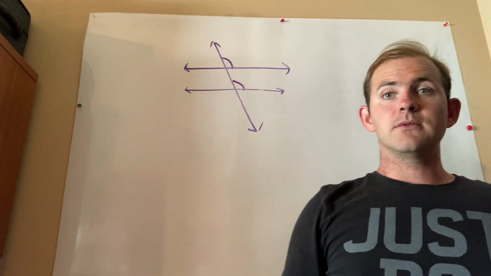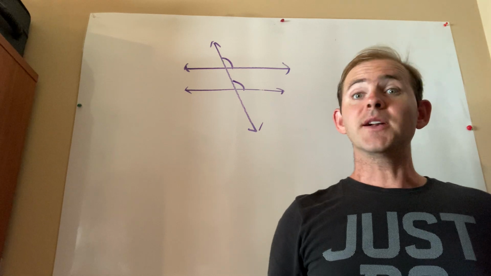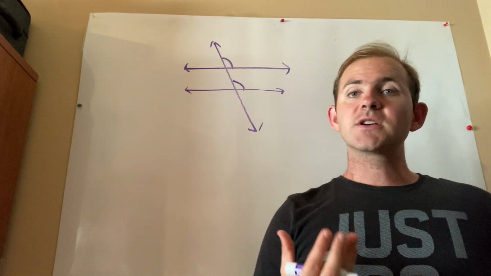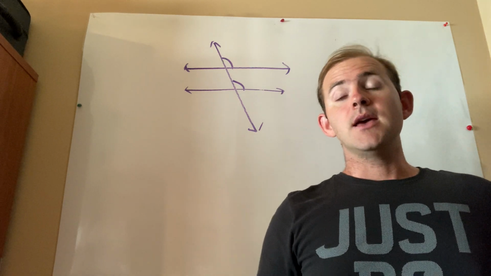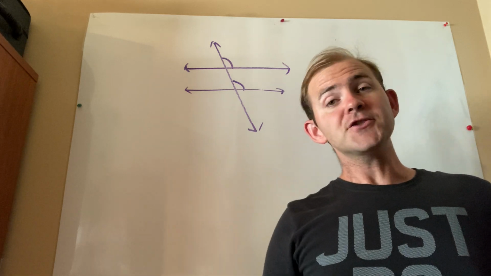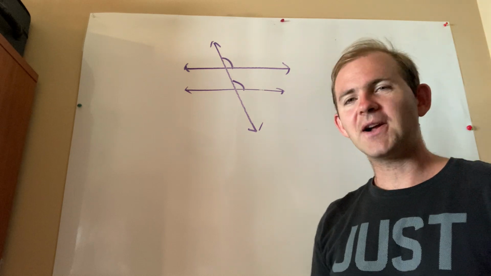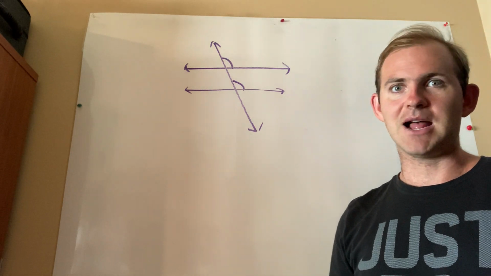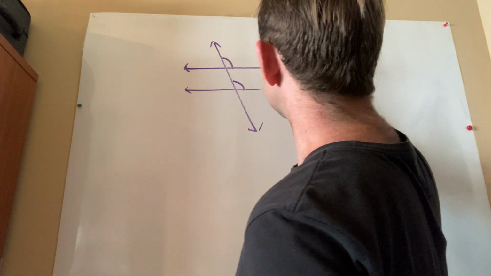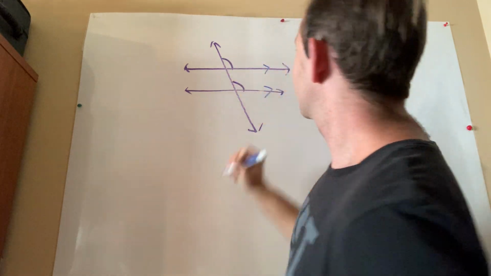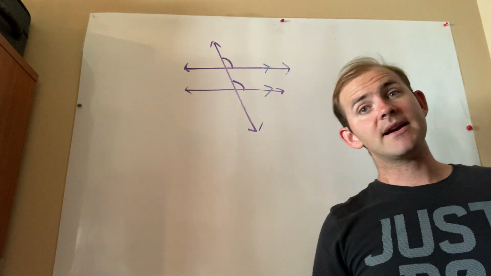They would tell you in a diagram, or in a proof or something like that, that corresponding angles are congruent. Now, if that's the case, here's what that tells us. By the converse of the corresponding angles postulate, it tells us that the two lines are parallel.